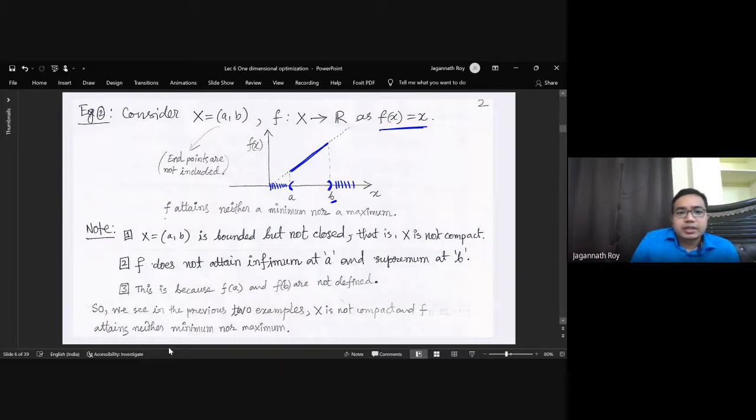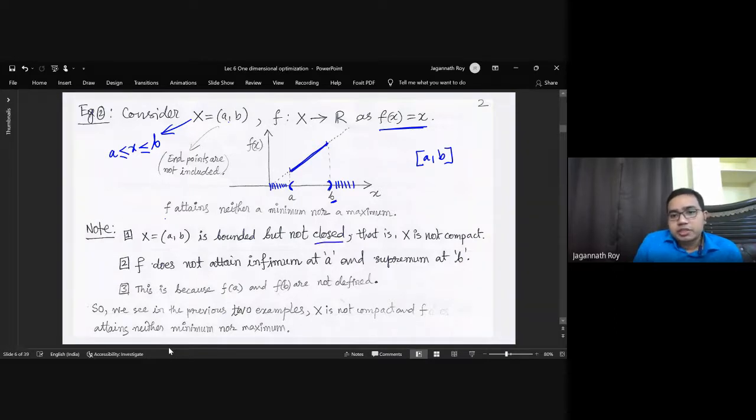It can approach this supremum and infimum, but for this particular function, because this set is actually the set of all those x for which a is strictly less than x and x is strictly less than b. Remember, these two elements are not included. That means the set is not closed, since this is an open interval. If this was the set, then we could claim that it has a maximum and minimum, and they would happen at this point.